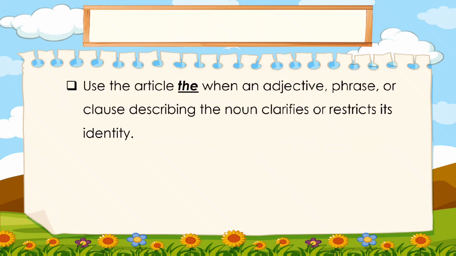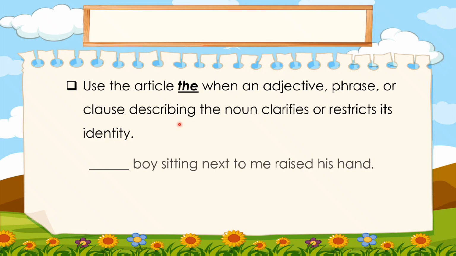Use the article the when an adjective, phrase, or clause describing the noun clarifies or restricts its identity. When you are referring to a very specific one, you will use the definite article the.